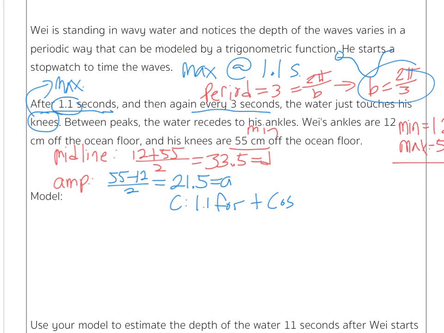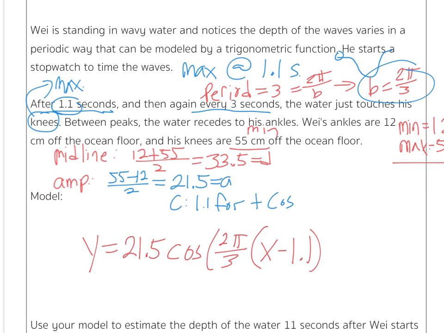Okay, we're working an equation from this. We're looking at y is equal to 21.5 cosine 2 pi over 3 x minus 1.1 and then plus 33.5.